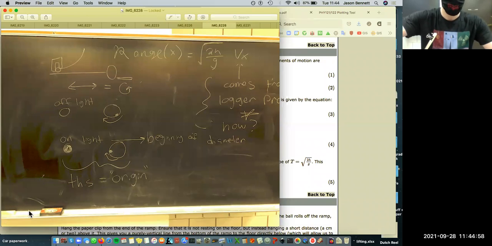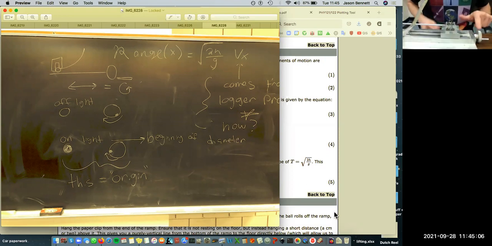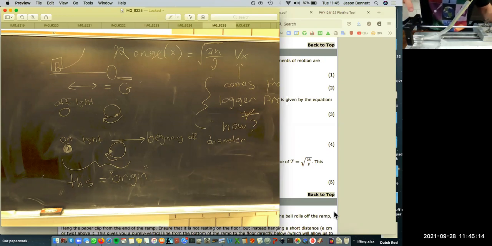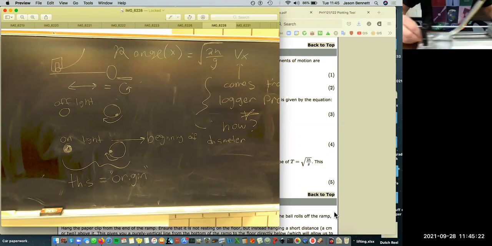Let's click that, like that, and yes, now I can see it's on camera. As we spin this thing, it's very slow, but with your eye you'll be able to see that this thing is moving. So this is the photo gate, and what we're going to do is move this thing back. We're going to place the ball so that it rests right here.